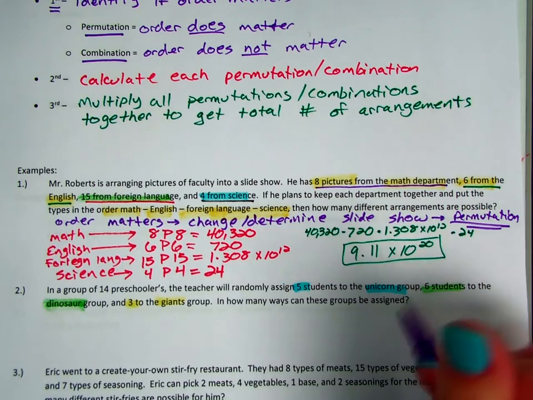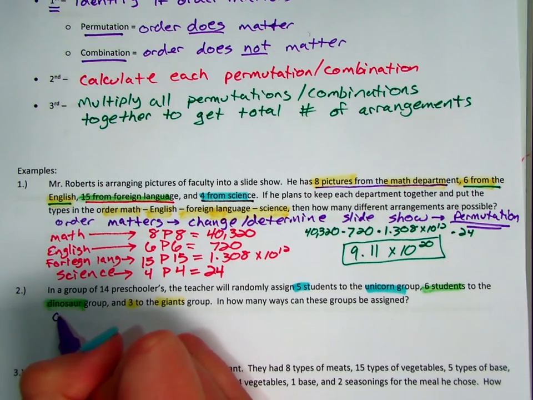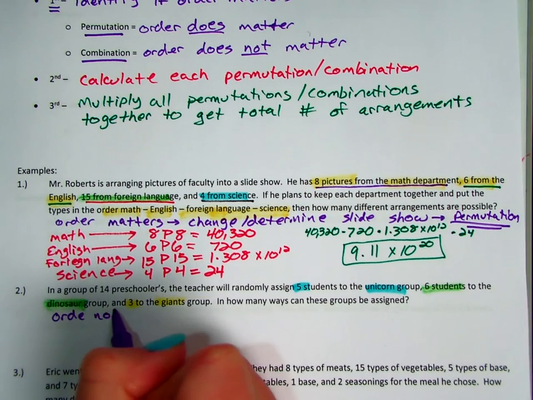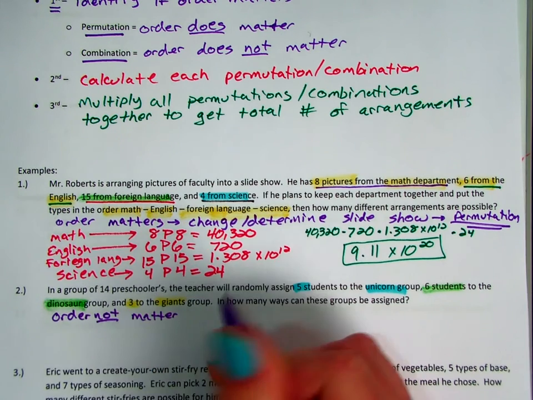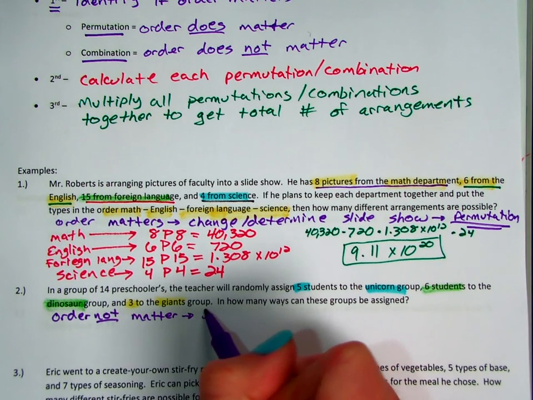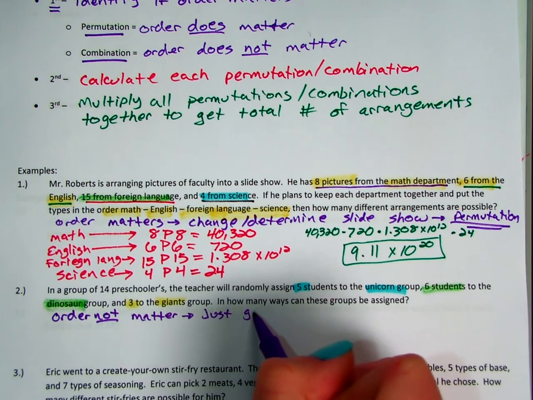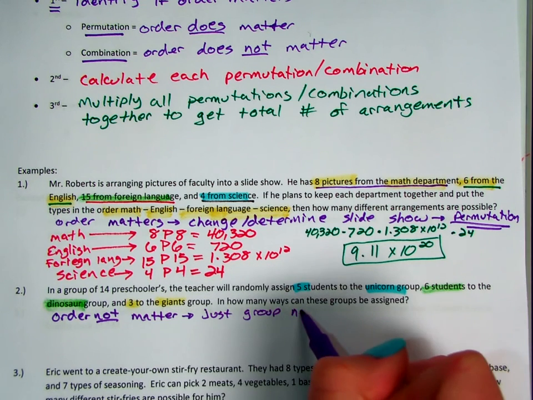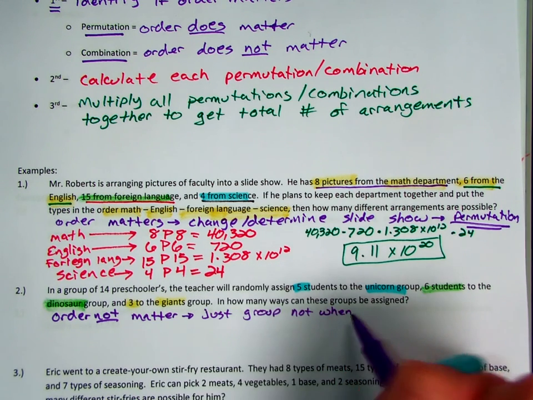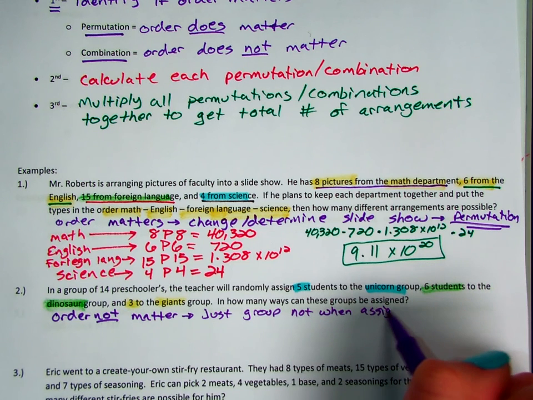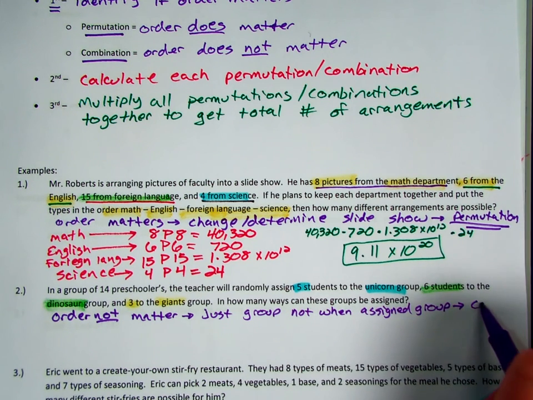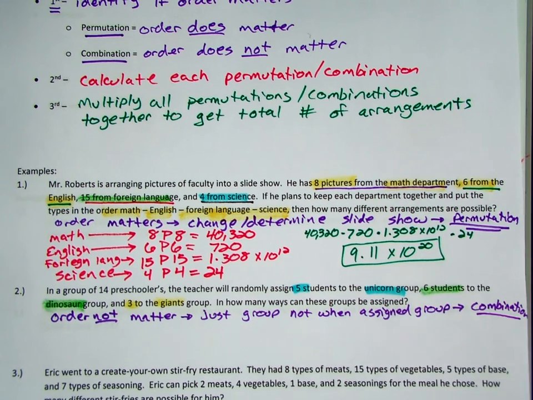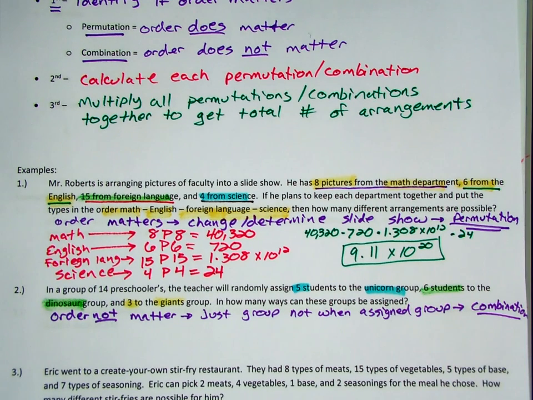So this one is order does not matter. Just what group you're in, just group, not when assigned a group. So that means that this is a combination. Okay, so we're looking at a combination here, right?